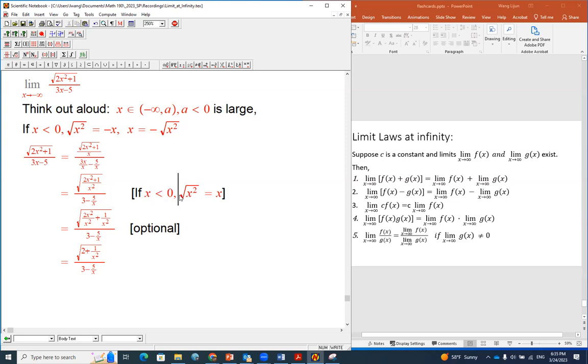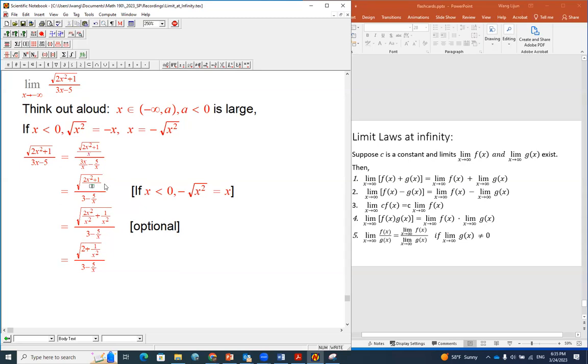So x equals negative of the square root of x squared. We bring that into the picture, because we're working in this interval. Now, when we replace x by the square root of x squared, we have a negative sign.